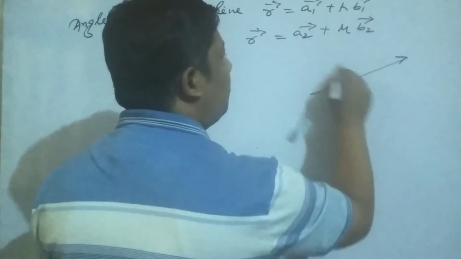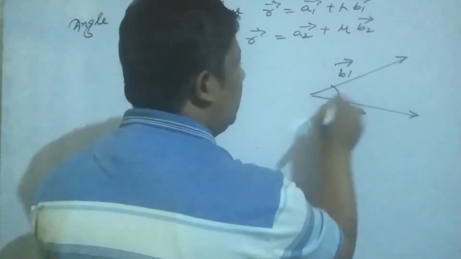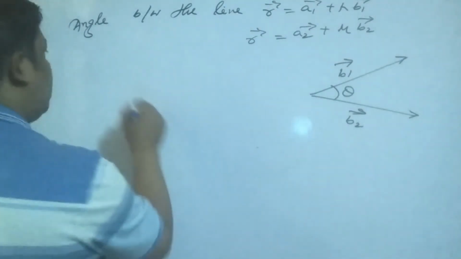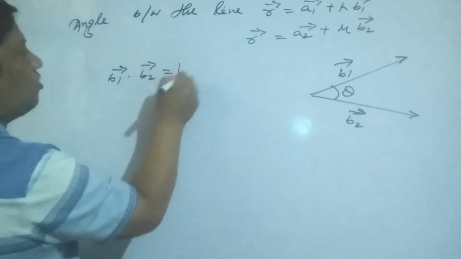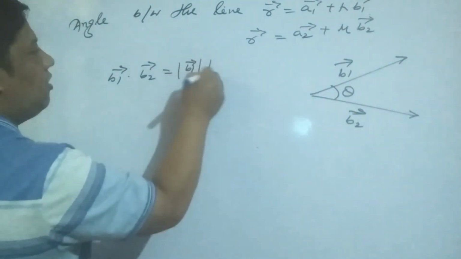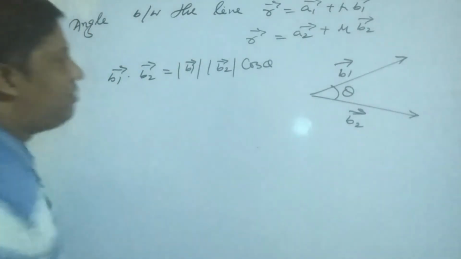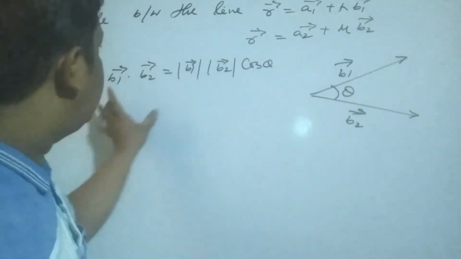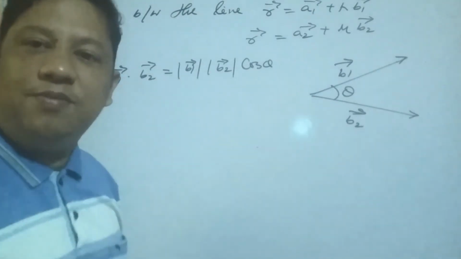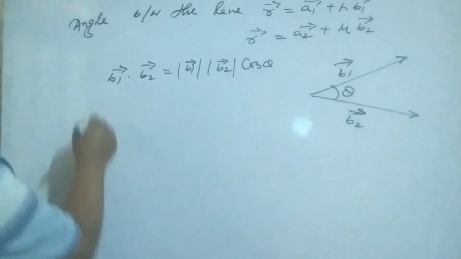Suppose one vector is b1 vector and another vector is b2 vector, and the angle is theta, then b1 dot b2 equal to mod of b1 mod of b2 cos theta, and that gives the angle between the 2 lines. So using this you can find the angle between the 2 lines.